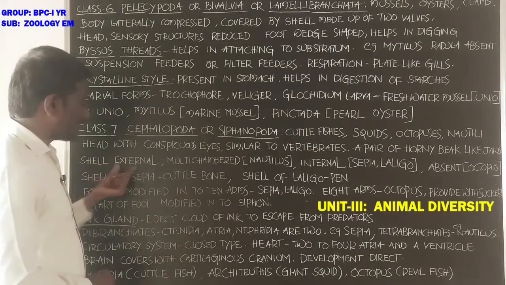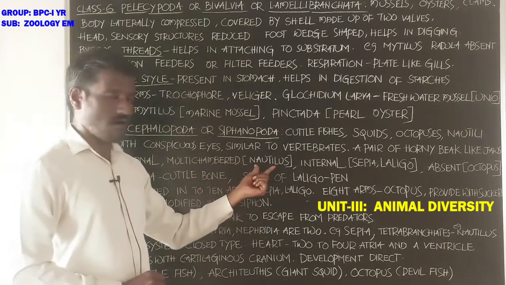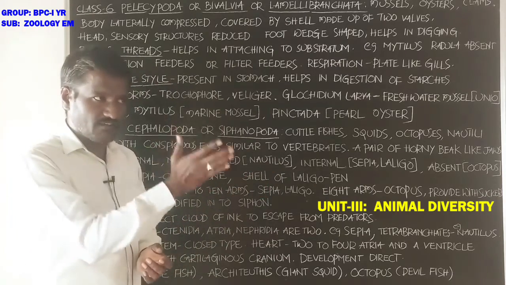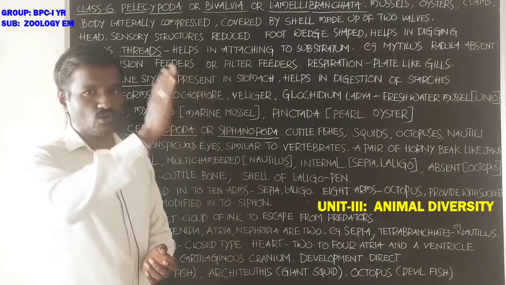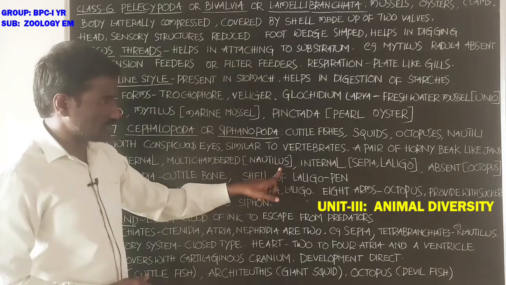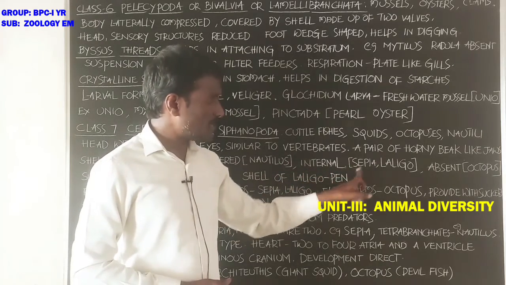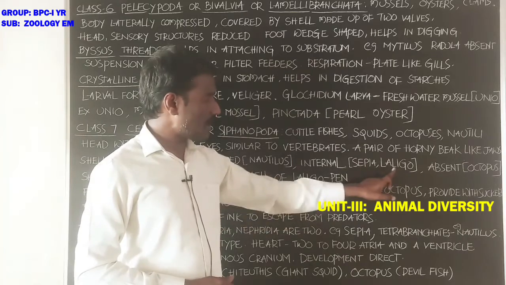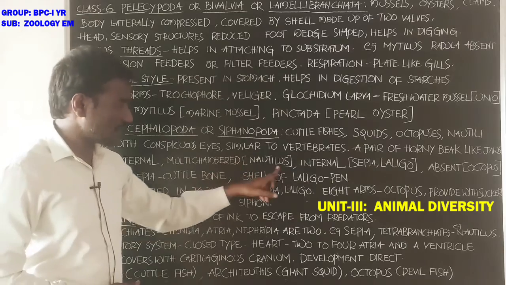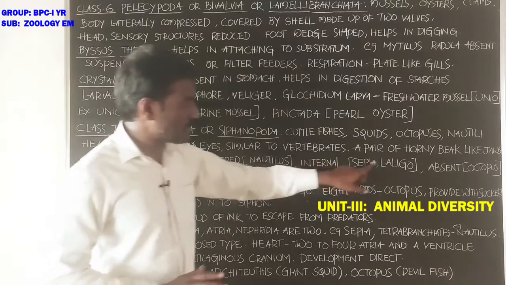Next, shell is external, student. Shell is external and multi-chambered in nautilus, outside of the body and divided into many chambers. Shell is internal in sepia and loligo.